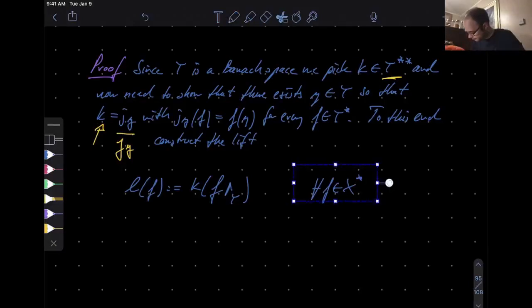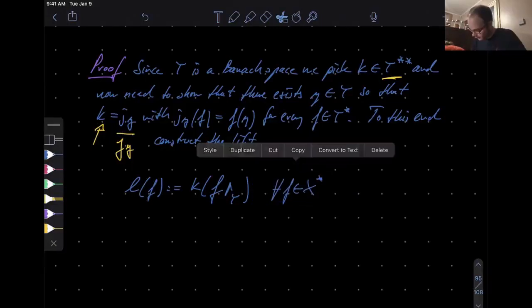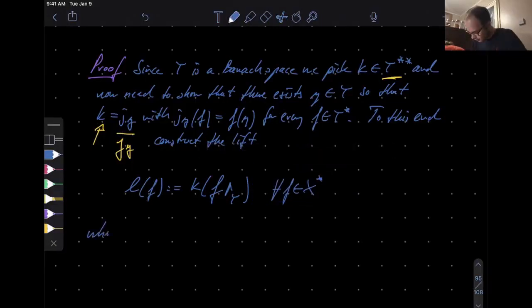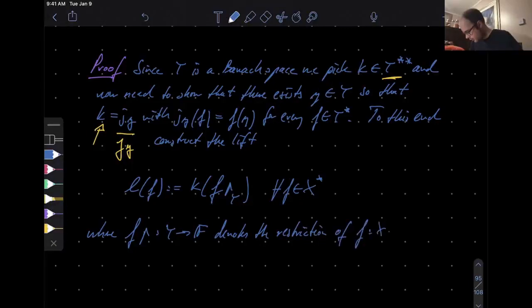So where f restricted, this is a linear functional on Y, denotes the restriction of f to the subspace Y, and that is perfectly well defined, because your linear functional acts on all of X, so in particular it acts on the subspace Y.